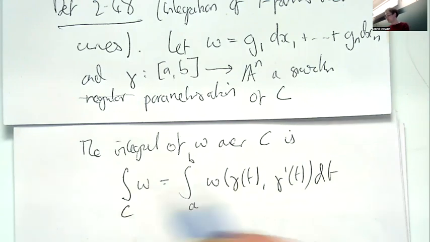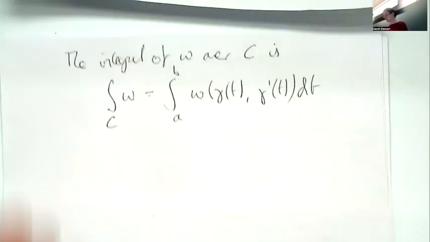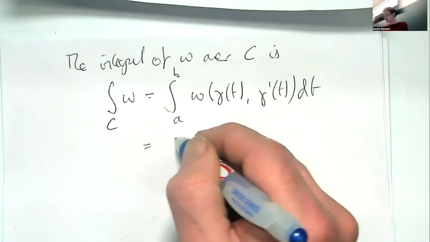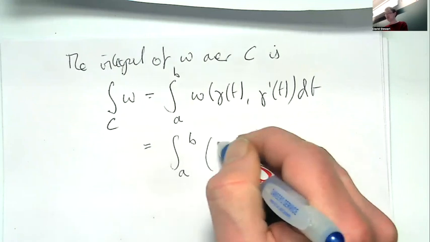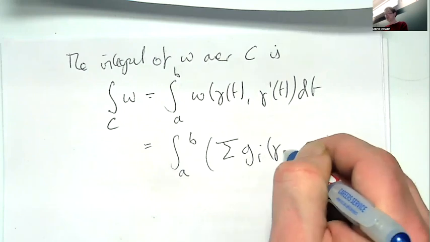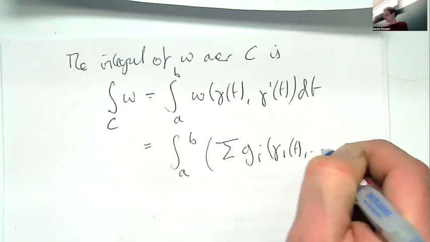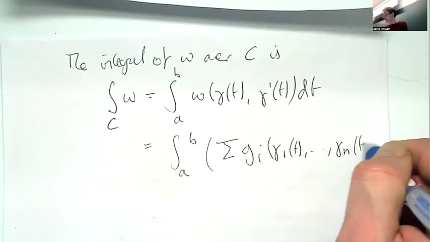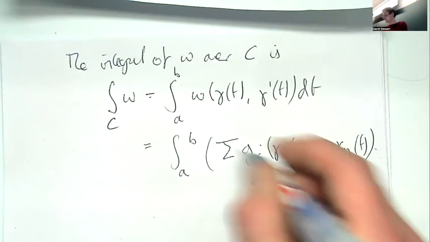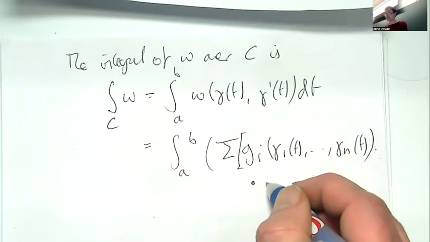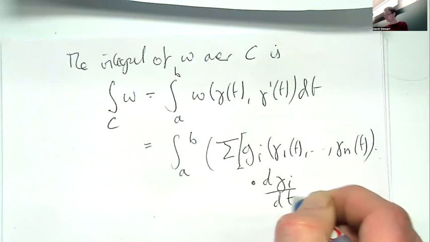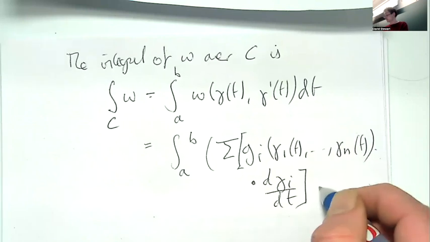We've already written down what these are in terms of the coordinate functions of omega. We get the integral from A to B of the sum of the gi at gamma 1 of t up to gamma n of t, so just splitting everything into coordinates, times gamma i dash of t, and then dt.